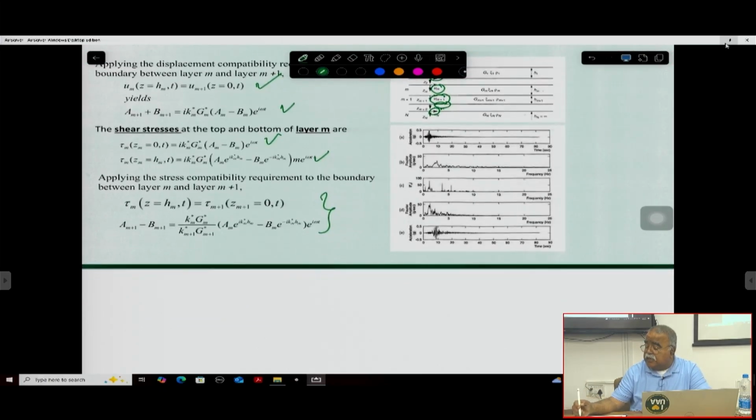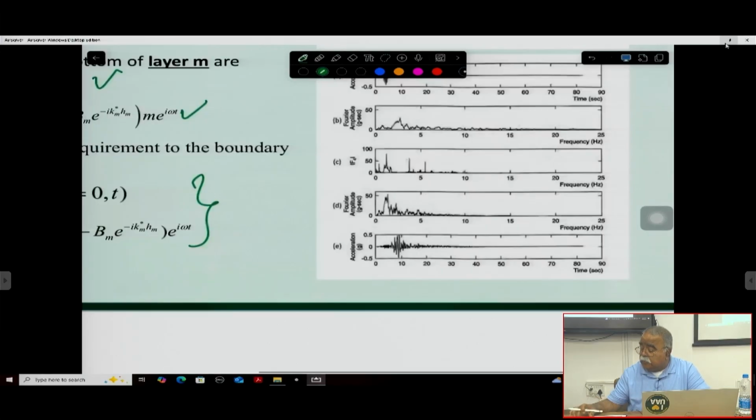So if you can see it here, what we will be doing is this: we have given the acceleration at the bottom of the layer, and then this is the transfer function for a system of layers, and this is your Fourier amplitude of this data.